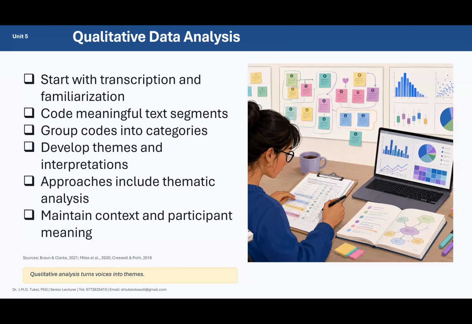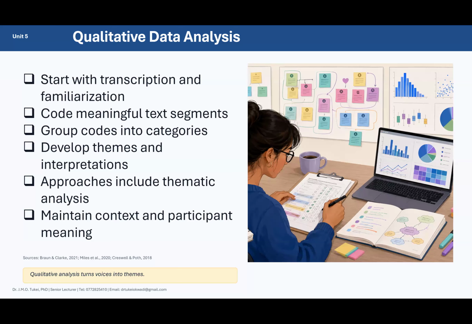Colleagues, thematic analysis is widely used, but other approaches include content analysis, narrative analysis as well, discourse analysis, and grounded theory procedures. Colleagues, good qualitative analysis goes beyond counting statements. It interprets patterns while preserving context and participants' meaning.